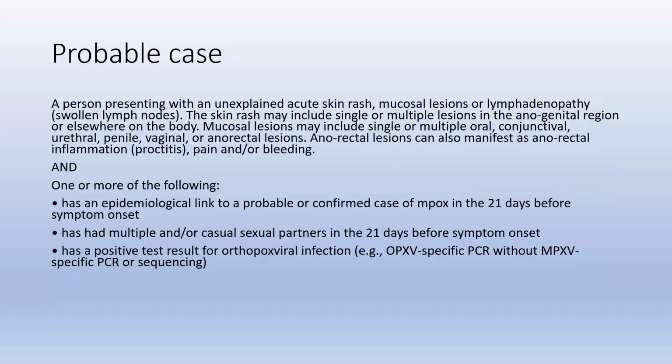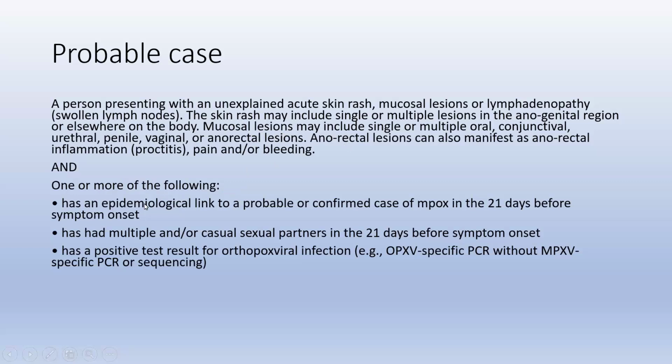A probable case is pretty similar to a suspect: a patient presenting with an unexplained acute skin rash, mucosal lesions, or lymphadenopathy, and the skin rash is as I have described.